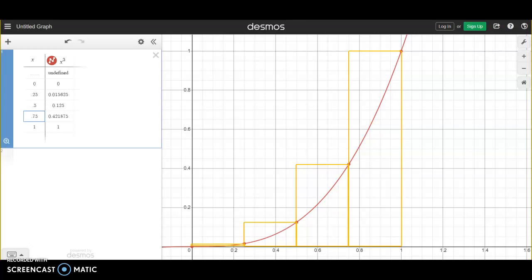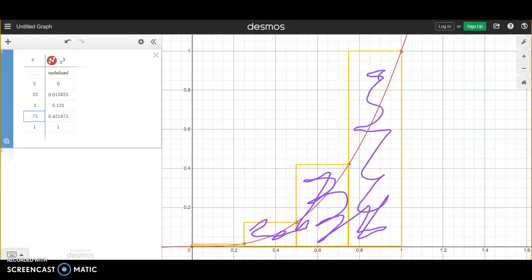So now you see how these have all this extra space. Again, because we're doing the right-hand values. Right. So now we're finding the area of each of these rectangles, basically, to estimate the area under the curve. So once again, we're going to get our equation.